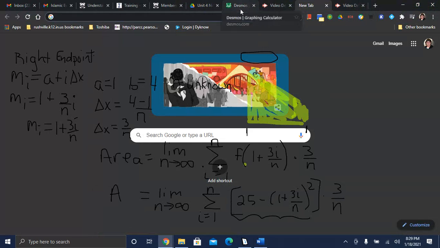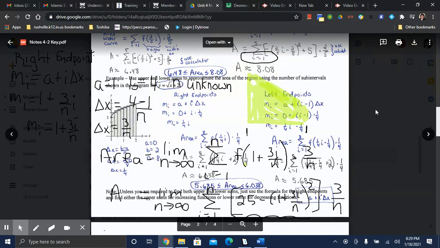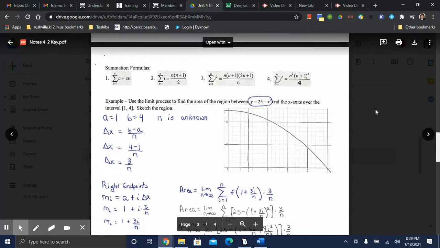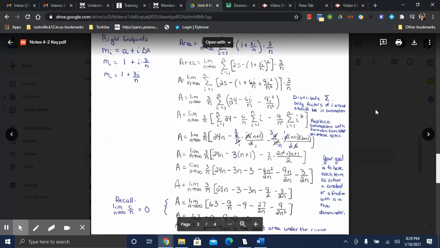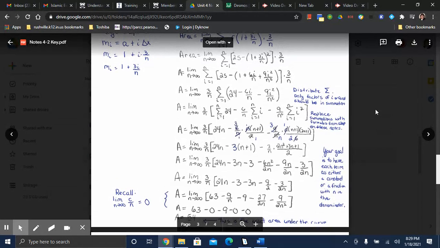So switching over to these notes, and I'll clear my ink to get that out of the way. And we're here on the back, and I will keep you filled in where we are in this process.